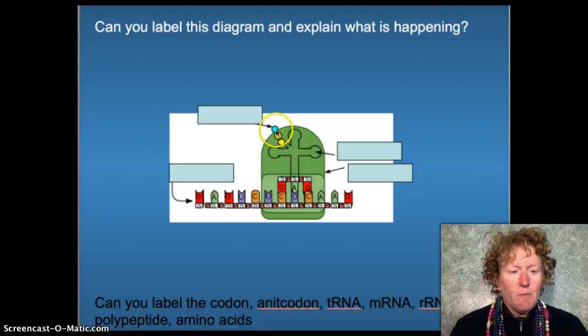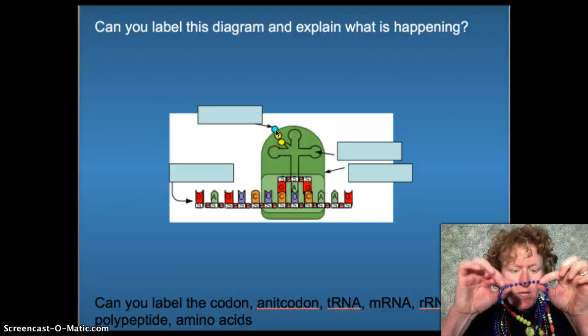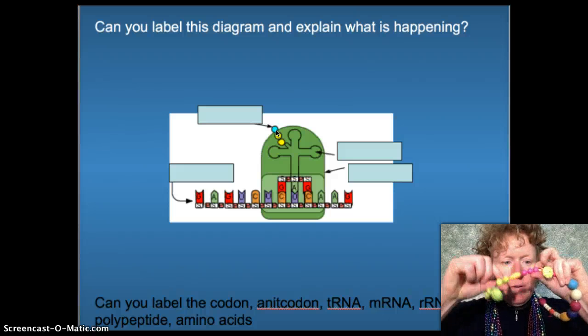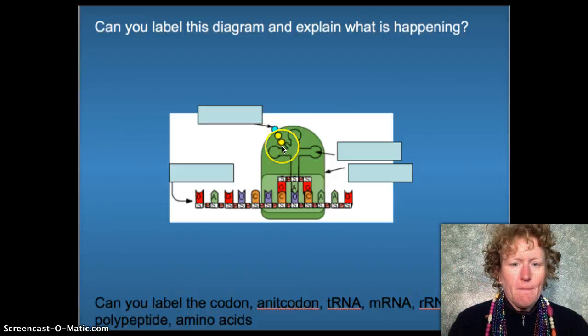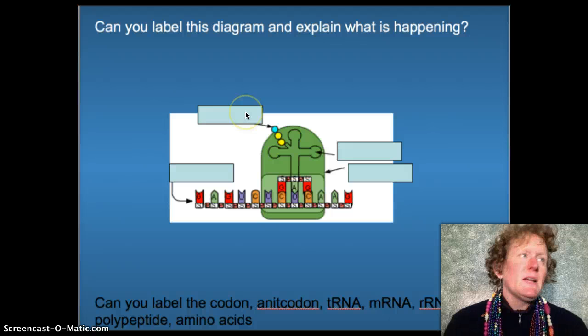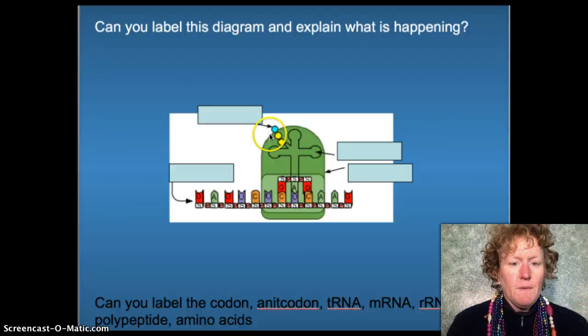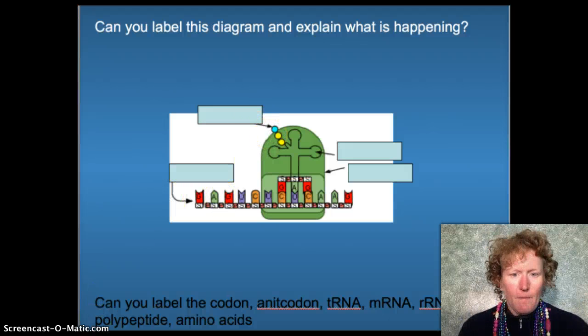If you labeled this part, the protein chain, this is a better one because it has different amino acids. That's the polypeptide, or the forming protein. Okay, so we have polypeptide, we have tRNA.